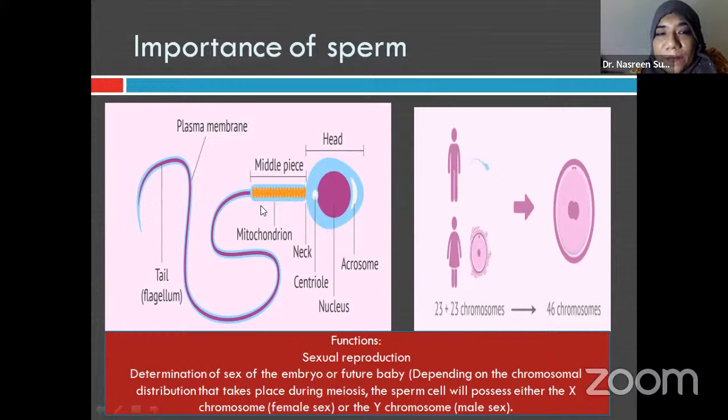In the middle piece you will find mitochondria, and in the head portion the apex layer is called the acrosome, and inside you will find the nucleus, and one centriole is seen up in the head. You can see here how the zygote is formed. The functions are sexual reproduction and determination of the sex of the embryo, the future baby. That is the importance of a sperm.